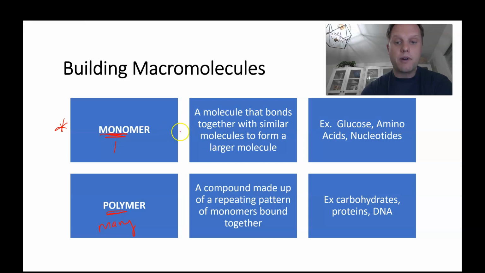So a monomer is a molecule that bonds together with similar molecules to form a larger molecule. So glucose is a monomer. It will combine together to form carbohydrates. Amino acids are a monomer, and they will combine together to form proteins. And then nucleotides are going to combine together to form DNA.